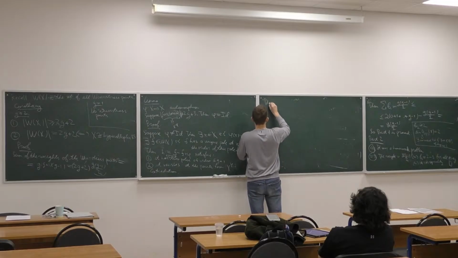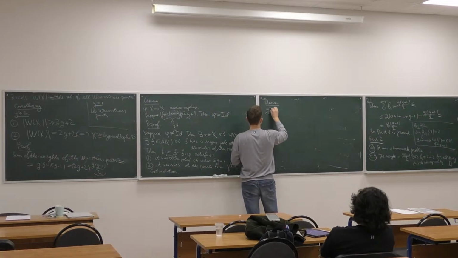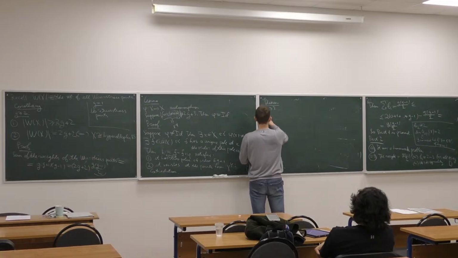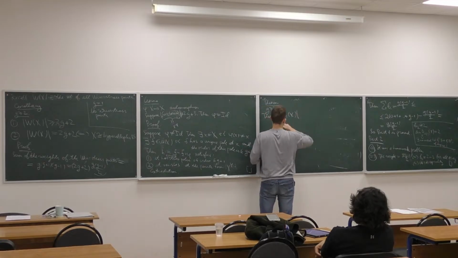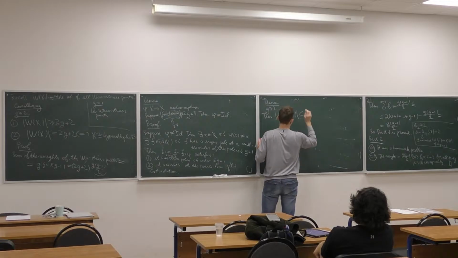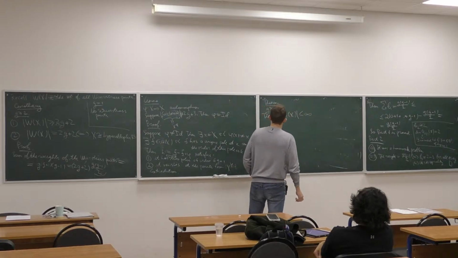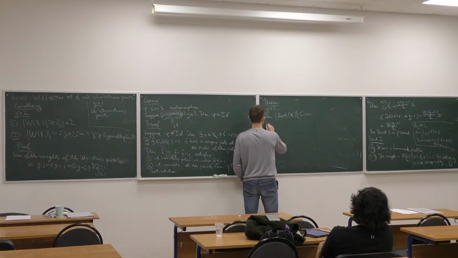Theorem: if g is greater or equal than 2, then the automorphism group is finite. The proof is the following.